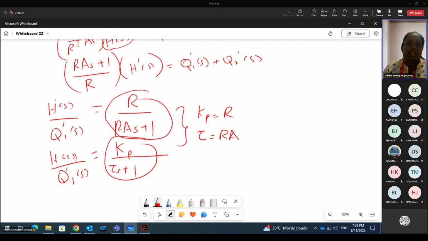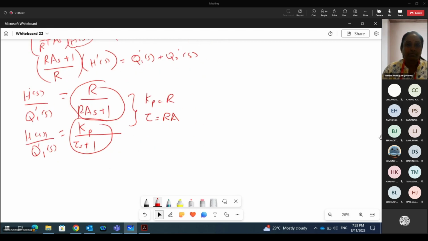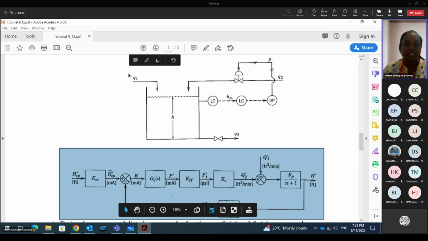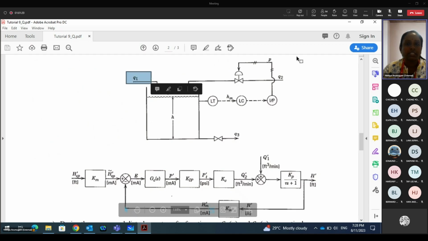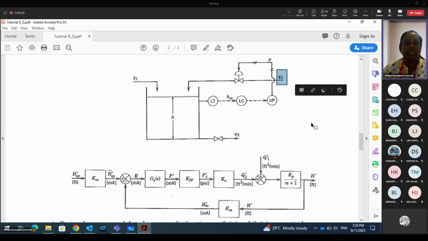Now for the disturbance transfer function, so here it will be equated. For the process we are using the Q1, right? For the disturbance we'll be using the Q2, because Q2 is the disturbance. Q1 is the input in this case, and Q2 will be the disturbance.